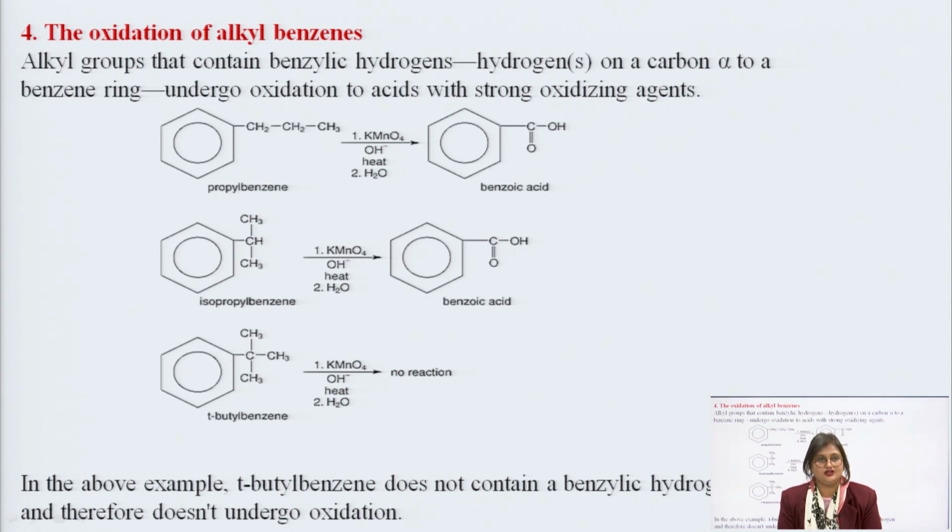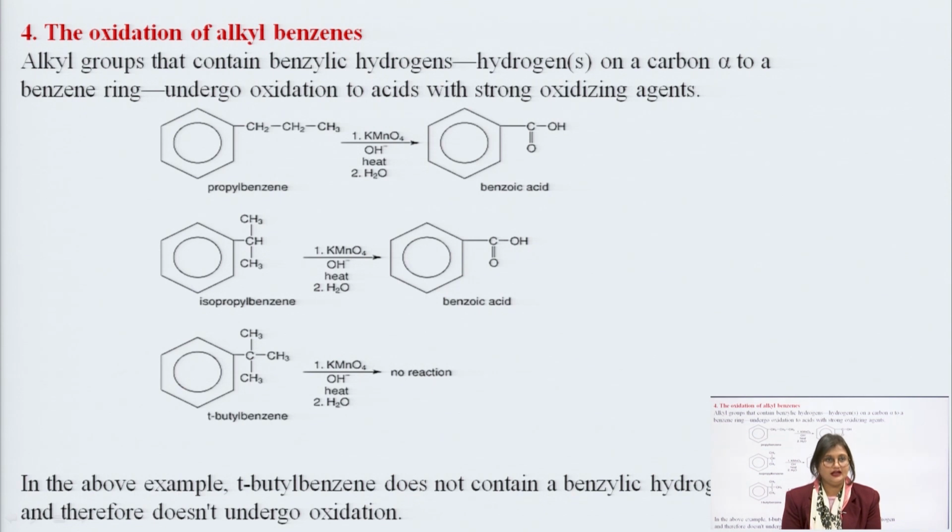The next reaction is oxidation of alkyl benzenes. Alkyl groups that contain benzylic hydrogens, or hydrogens on a carbon alpha to a benzene ring, undergo oxidation to produce acids in the presence of a strong oxidizing agent.